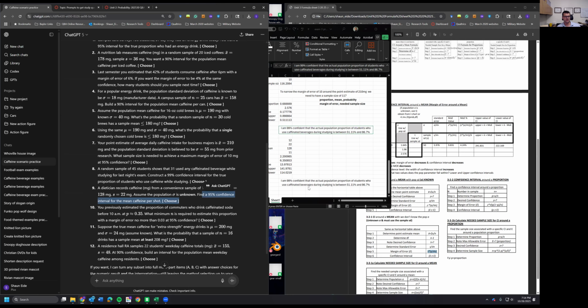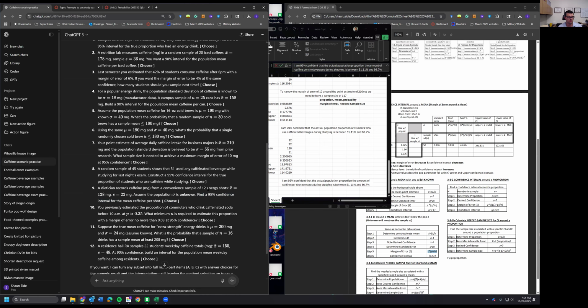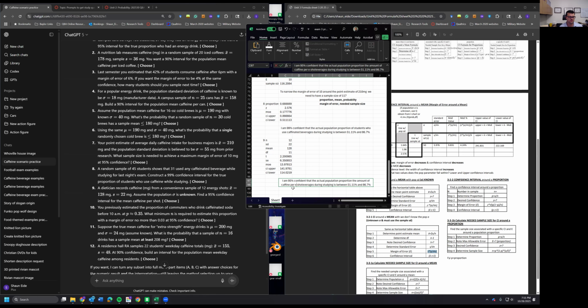So I am 95% confident that the actual population proportion of the amount of caffeine per energy shot is between 114.02 milligrams and 141.98 milligrams.